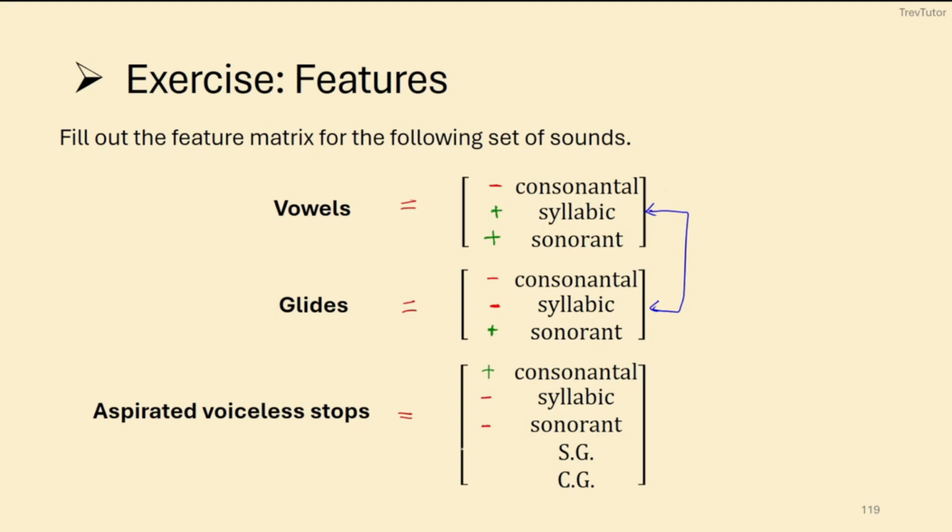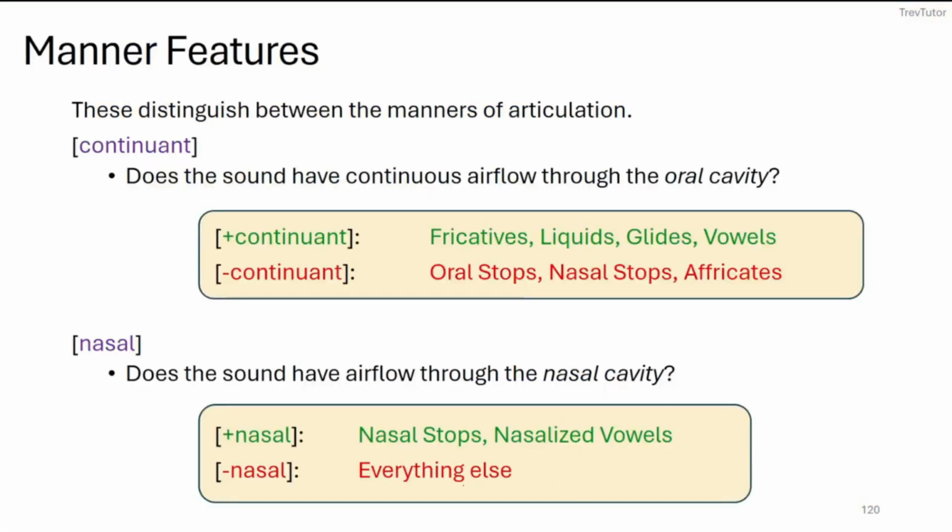Now, in terms of spread glottis and constricted glottis, these are aspirated stops, so these have a puff of air when you produce them. So these are plus spread glottis, but it's minus constricted glottis because we're not looking at the glottal stop there. So those are some minor feature matrices at this point that cover three different types of natural classes.